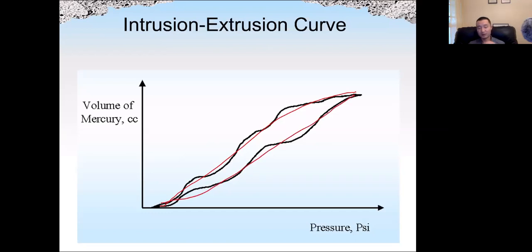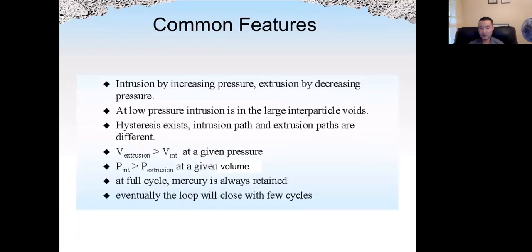But we have a difference between increase and reduce, and we call that hysteresis. The reason for the difference between intrusion and extrusion is situations such as the pores having a special shape, such as a bottleneck.